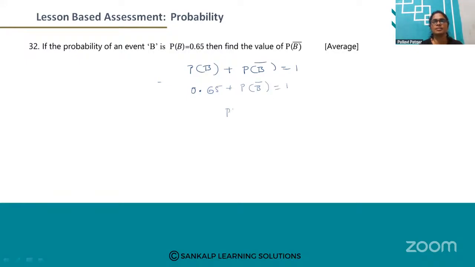So here P of B complement is equal to 1 minus 0.65, which is equal to 0.35. So P of B complement is equal to 0.35.